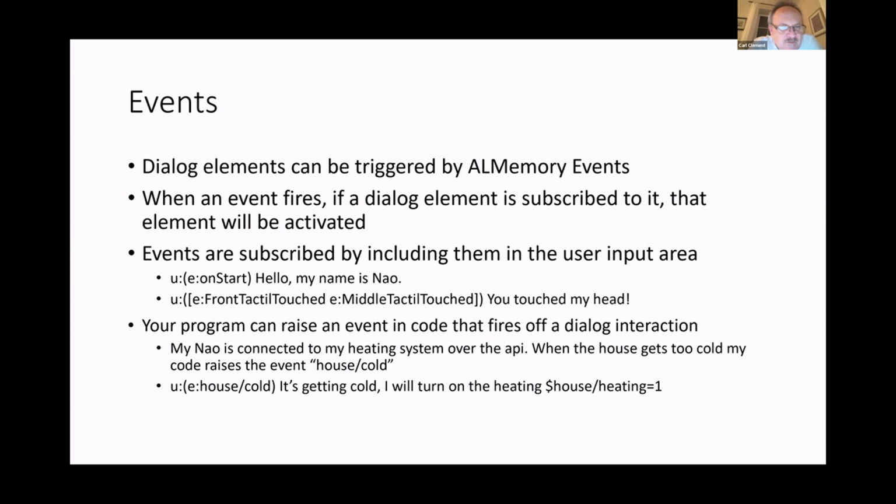That's a standard event. Every time a dialogue starts, it fires the E:(on start. So I can capture that inside the user interaction part. And now we'll say, hello, my name is Now. So as soon as he loads that dialogue, that's what he says, yeah?